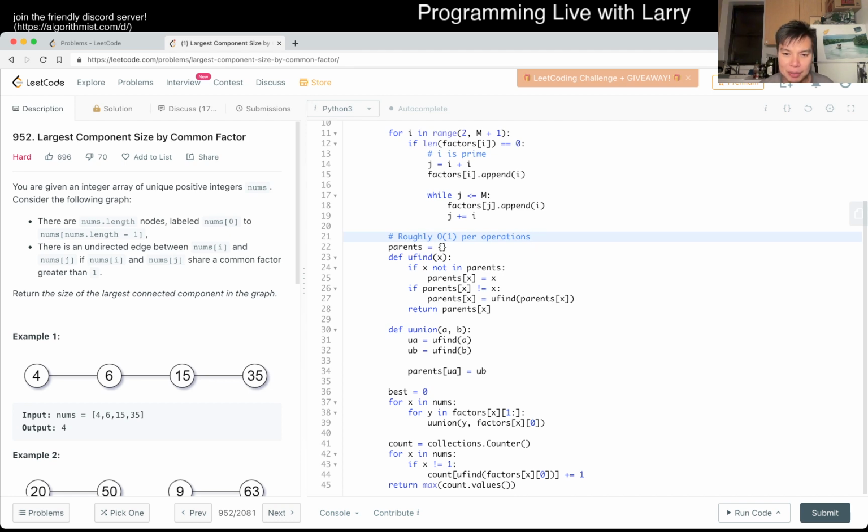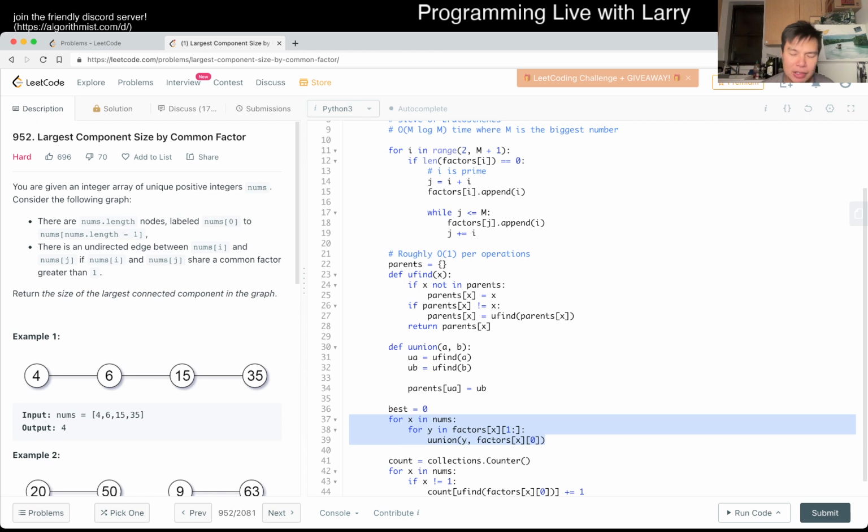And because of all this stuff, you may ask, well, what's the longest complexity, right? Well, this is actually unique. So this part of the complexity is a little bit harder to analyze, but because every number is unique, that means that for every factor that we generate, we only do one union operation, and we only generate m log m factors just by definition as well, because every loop here is going to be total m log m of all the components all together.